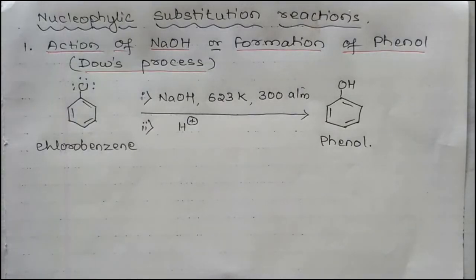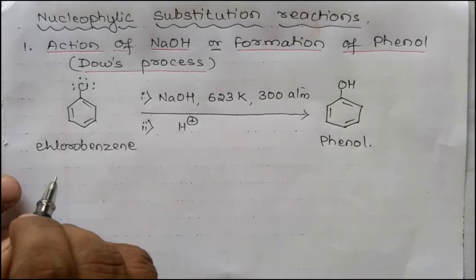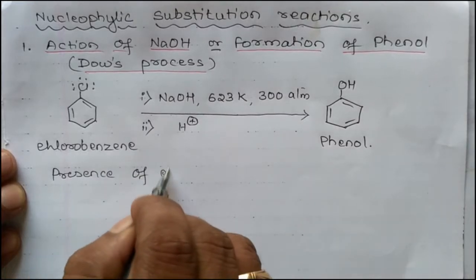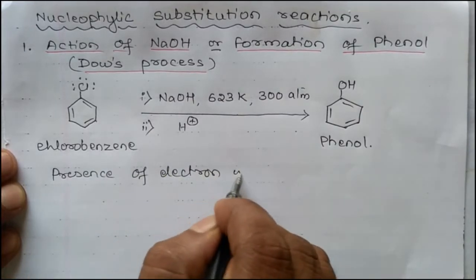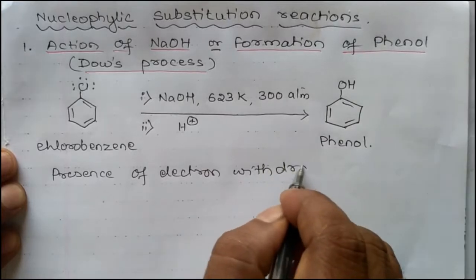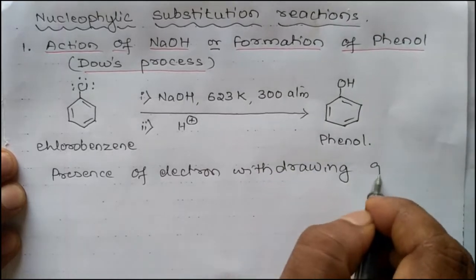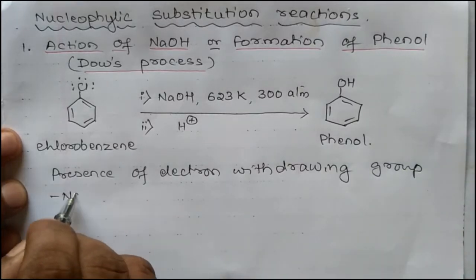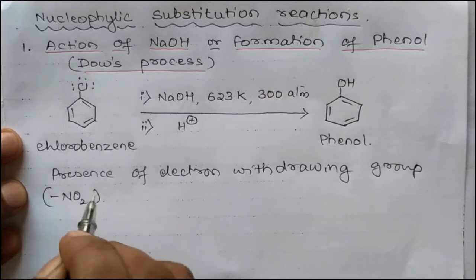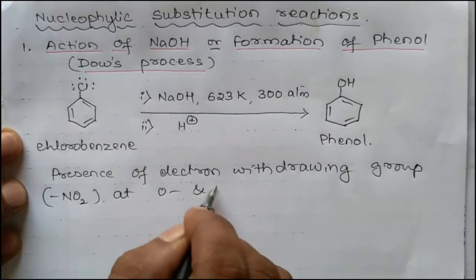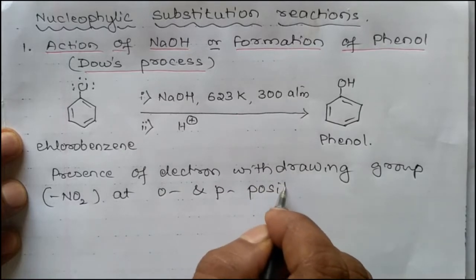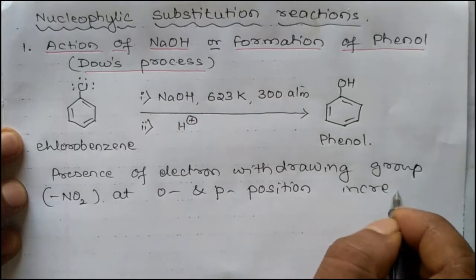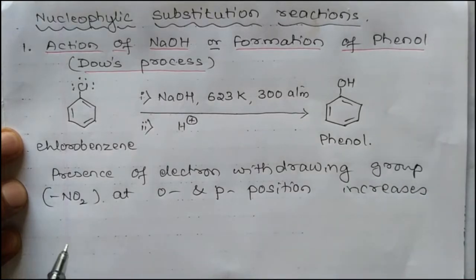But the presence of an electron withdrawing group, for example NO2, at ortho and para position, increases the reactivity of halogens.